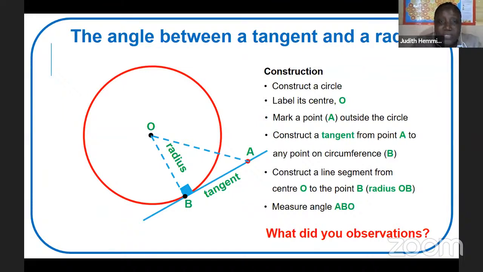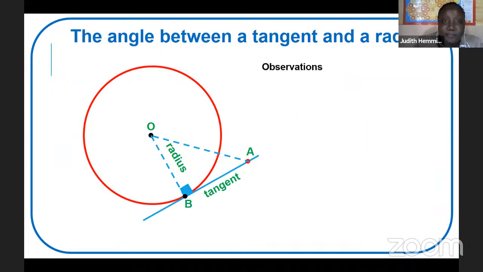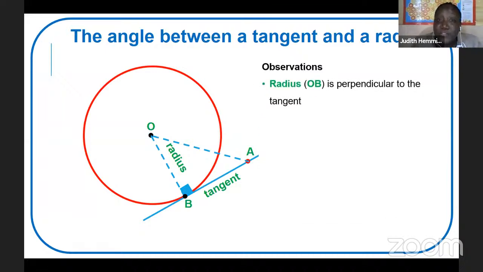So the observation that you should have made is that the radius OB is perpendicular to the tangent, which means that when those two lines intersect, they form a right angle. Very good.